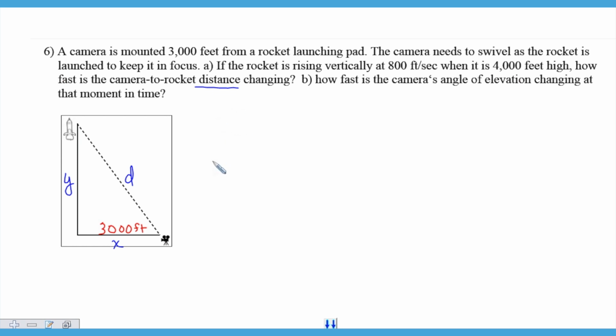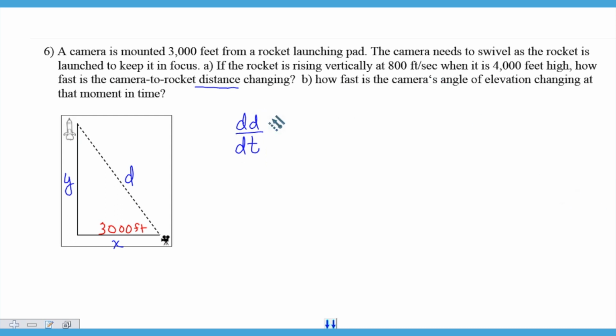All right, so it asks how fast is the camera to rocket distance changing? So it wants me to find dd/dt when the rocket is rising vertically at 800 feet per second. Now, is that a distance? Is that y? I don't think so, because it says feet per second. That's definitely a rate.